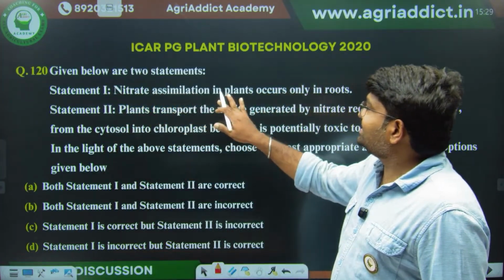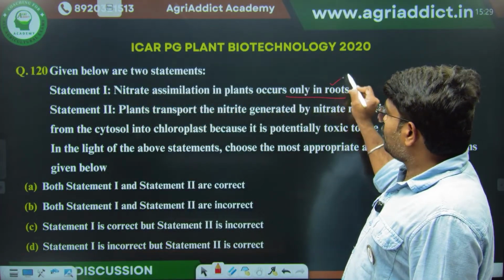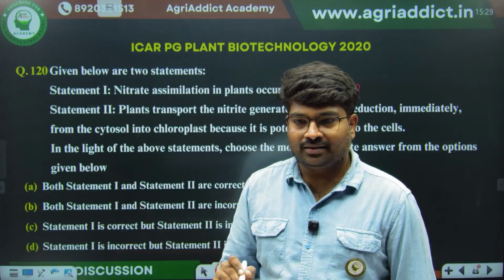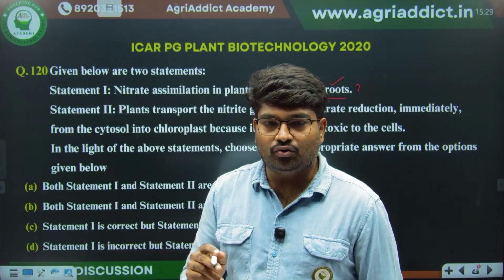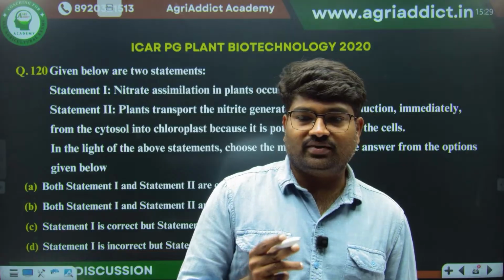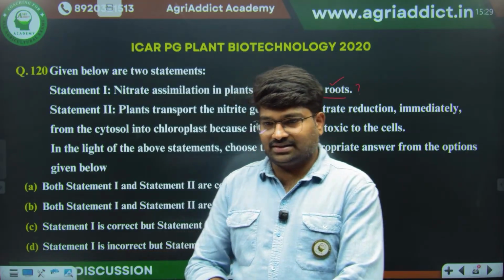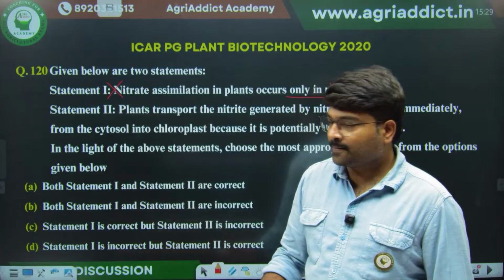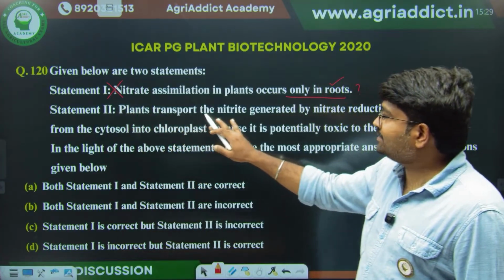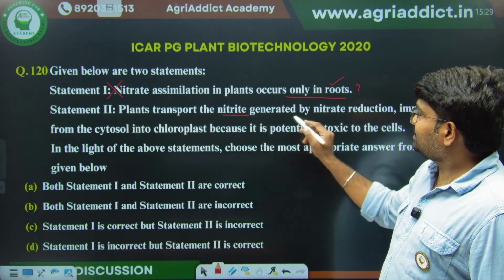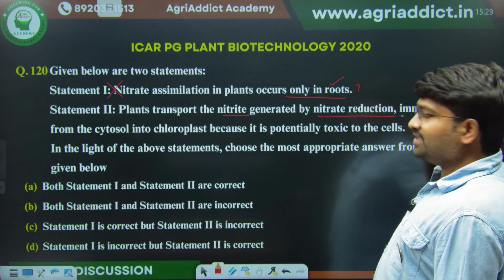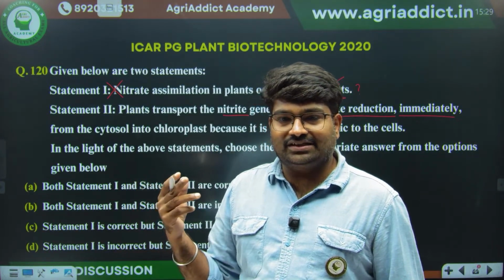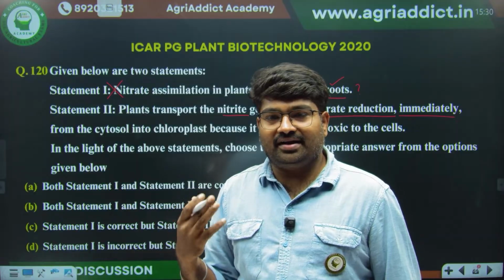Nitrate assimilation in plants occurs only in root. Whether it happens only in root, or in both root and mesophyll cells. Yes, it happens in both root and mesophyll cells. So statement 1 is wrong. Plant transports the nitrate generated by nitrate reduction immediately.